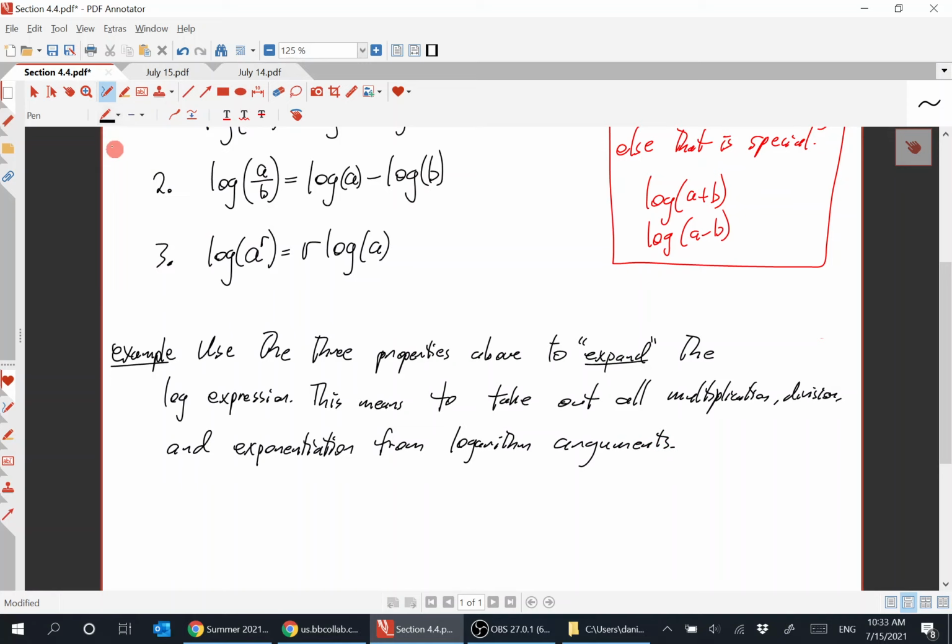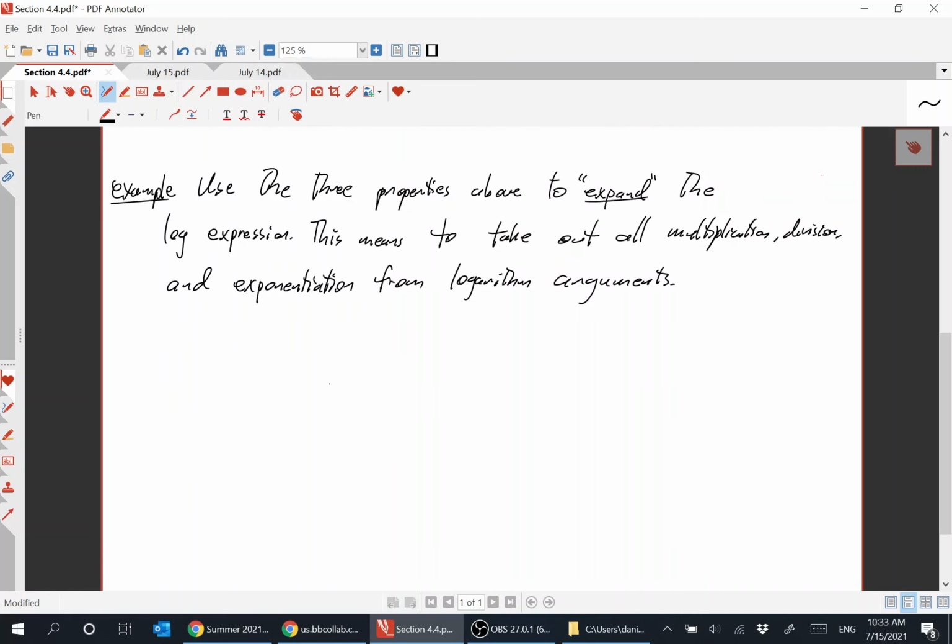So you can have a logarithm that has multiplication inside of it, or has division inside of it, or exponentiation inside of it, and so you want to expand that. Okay, so that means remove all of the multiplication, division, exponentiation from the inside.